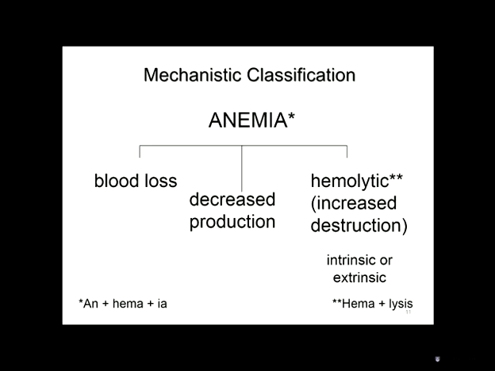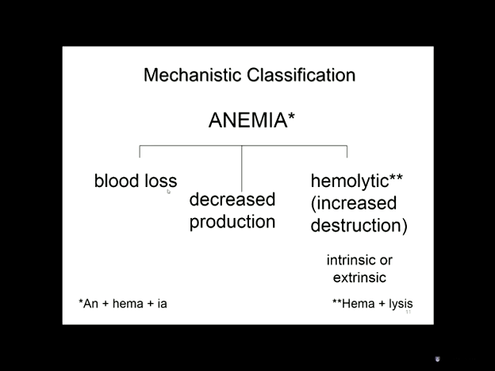Now, the other classification, which is mainly the one we're going to be using, and that's how the chart is organized, is the mechanistic classification. This classification is much easier to follow. It makes a lot more sense because it's broken down by what caused the anemia in the first place, as a group rather than as an individual cause.